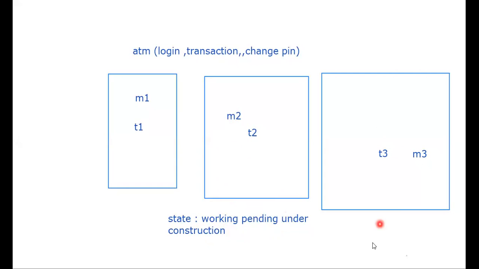So in the concurrent model we follow one more approach, that is called state. Each module will undergo some states, right? This is carried out concurrently for all the modules, because there are three different teams working on three different modules.